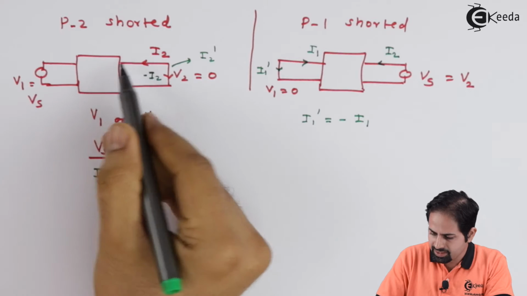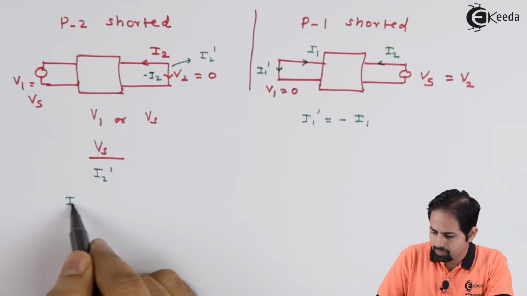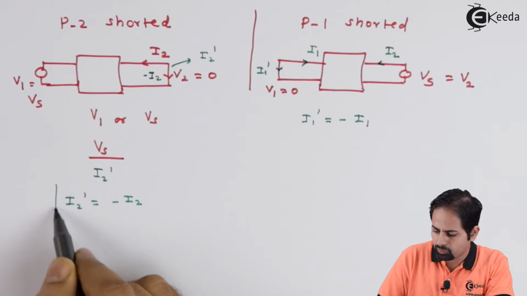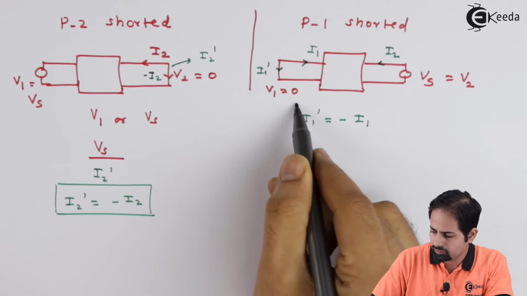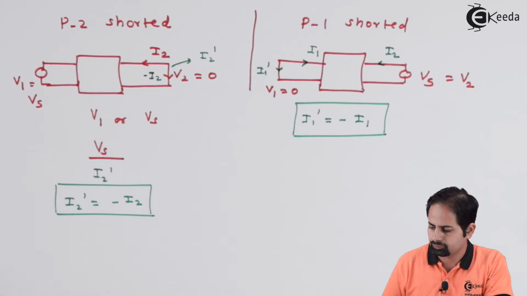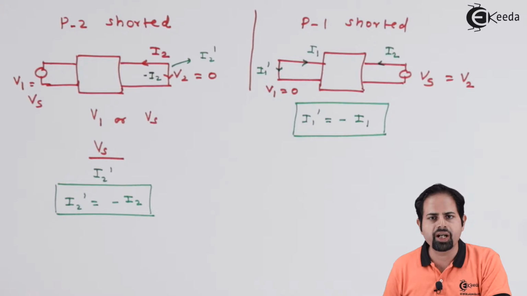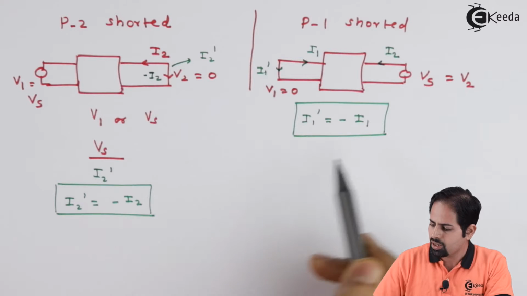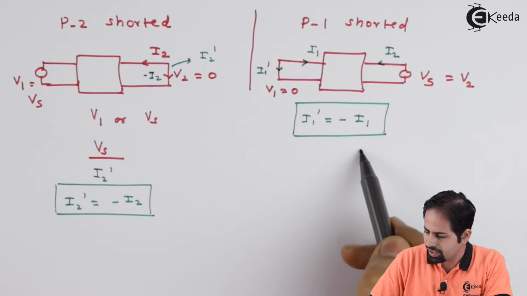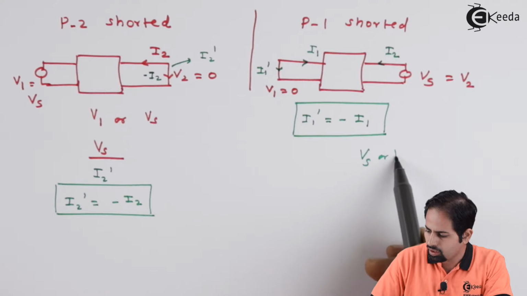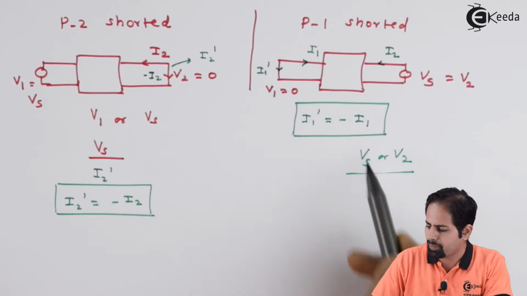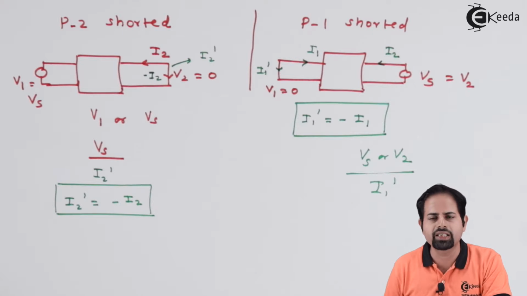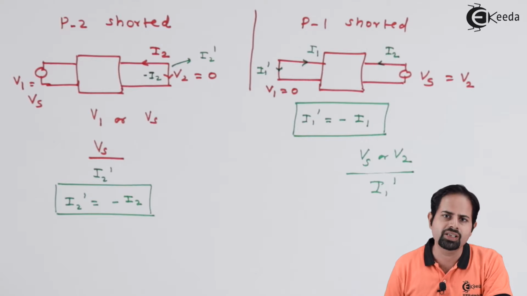And in first case, I2 dash is minus of I2. Now reciprocity condition means this ratio Vs upon I2 dash should be exactly same as this Vs, or we can call it as V2 divided by I1 dash. So if these two ratios are same, we will say that yes, reciprocity condition is satisfied.